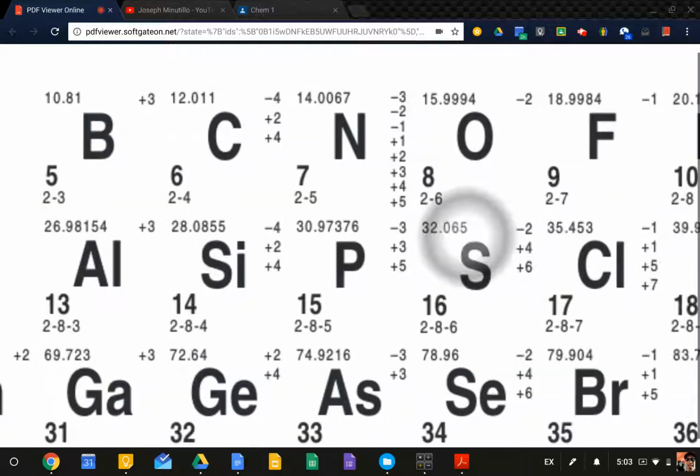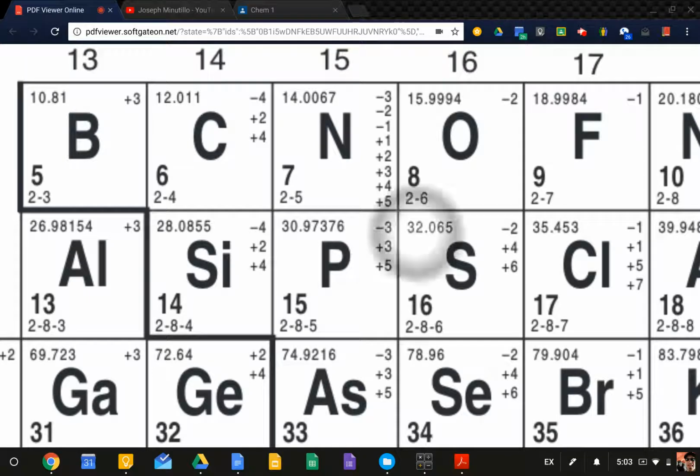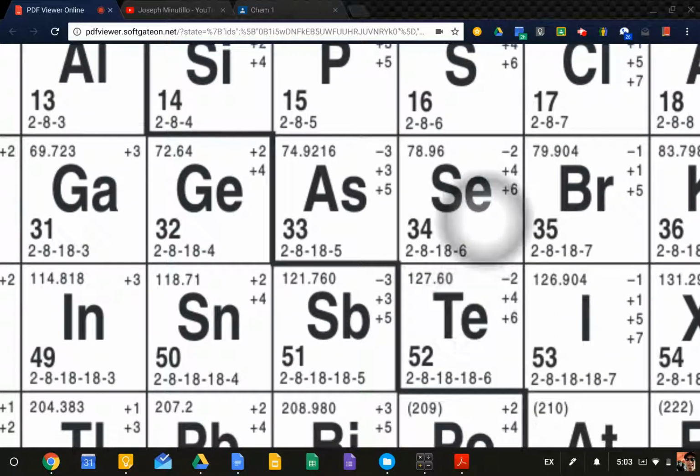Okay, the mass of sulfur is about 32. So we'll round the mass of sulfur to 32. And antimony's mass is 121.76. I'm going to round that up to a nice 122. So again, sulfur is 32, antimony is about 122.